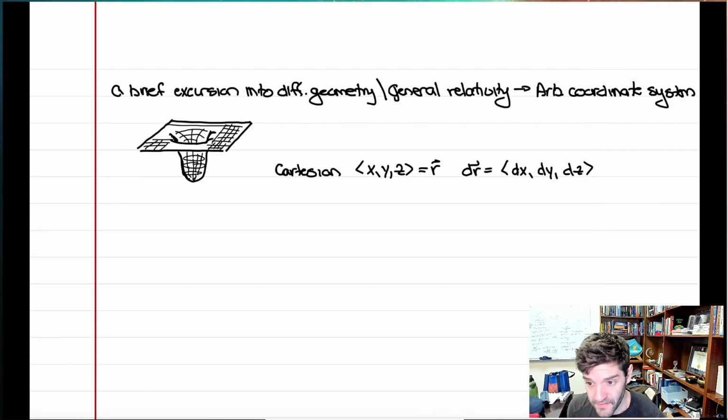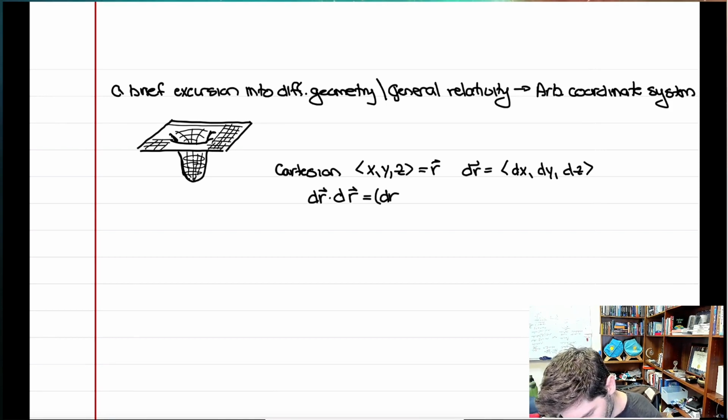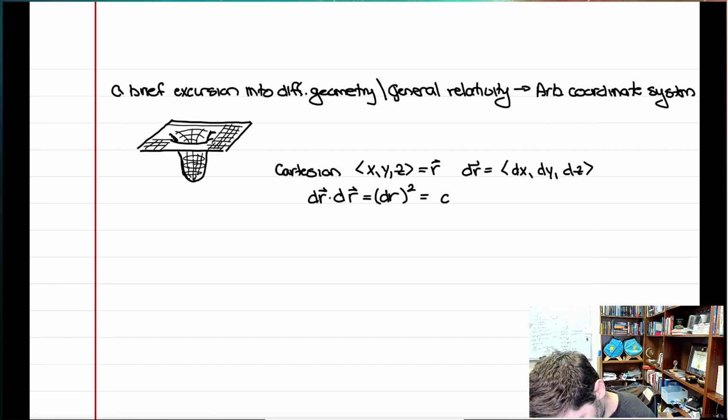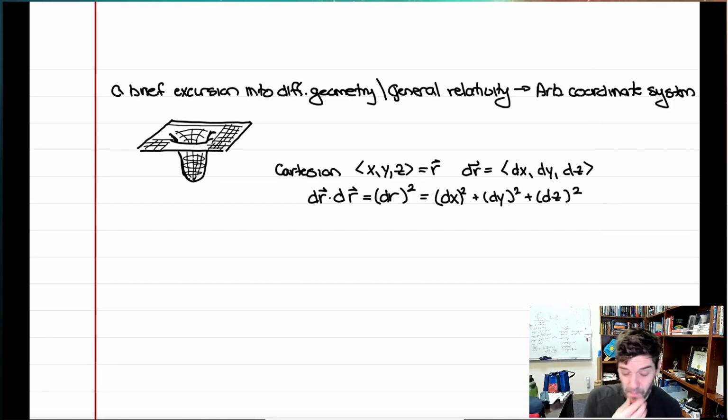And there's a particular invariant, as it can be called in differential geometry relativity, of dr dotted with itself, or just dr squared. This actually plays a very important role in these general differential geometry space-times analyses. Where in Cartesian coordinates, this just becomes dx squared plus dy squared plus dz squared.